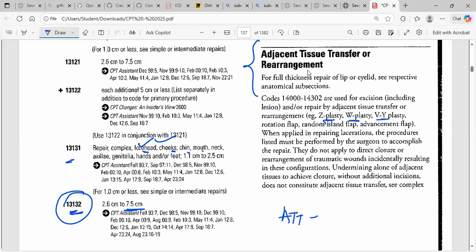So whenever the patient is coming with the ATT, excision is always included, and we are not going to bill the excision separately with the ATT. So ATT includes excision. The excision of the same site as well as the ATT is not separately reportable. We have to bill the ATT only if the doctor did the excision and the Z plasty.